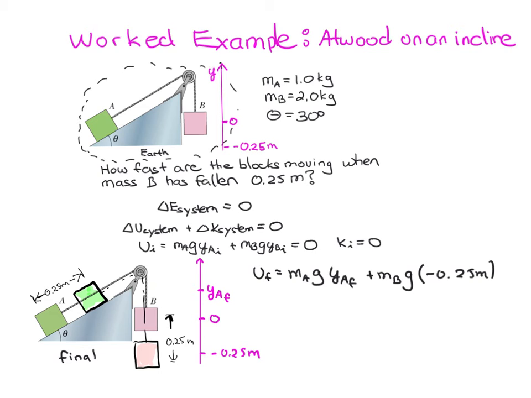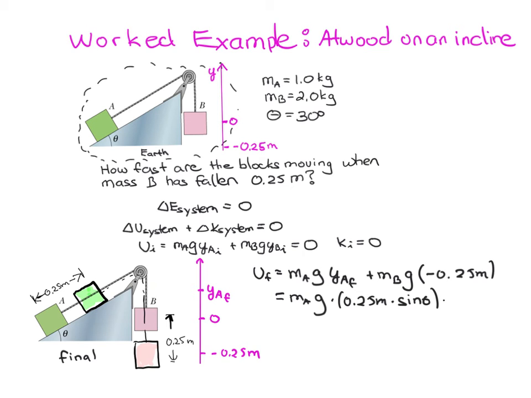Okay, and then here's where the little bit of trigonometry comes in. How much has mass A risen in elevation? Well, if you look at the triangle here, you'll see that mass A has risen by less than a quarter of a meter because it's on a slope. And so you should convince yourself that the y coordinate of mass A in the final state is given by 0.25 meters times the sine of this angle theta.